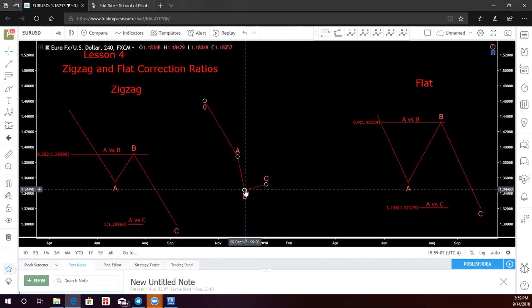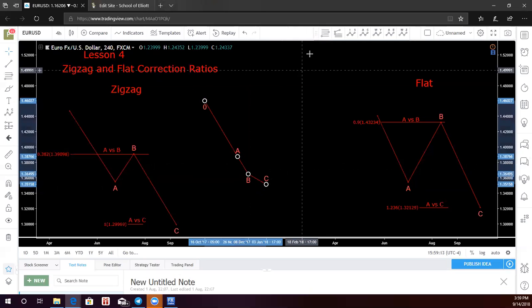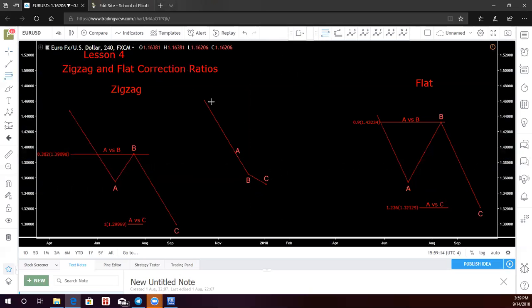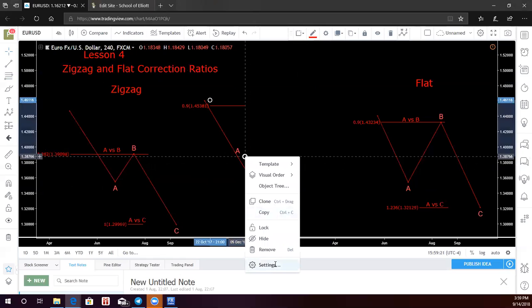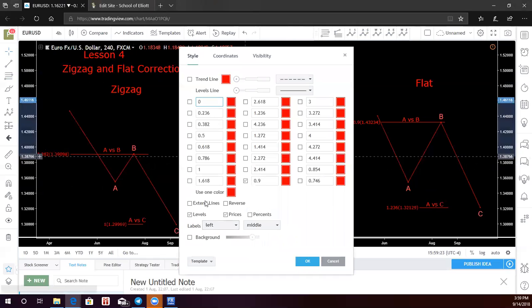Granted, the whole thing is a corrective structure, but B will be the main corrective wave. So with that being said, we are going to use the retracement tool. We're going to start from the beginning of A to the end of A. We're going to go ahead and fill in all our ratios here.